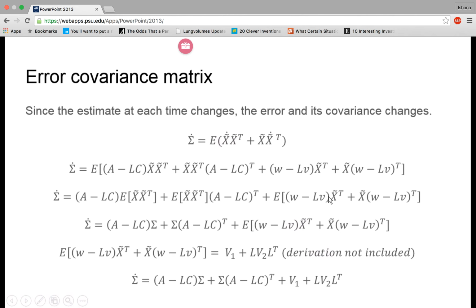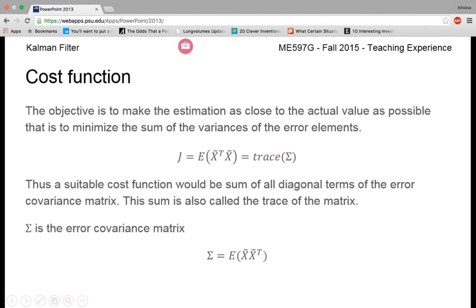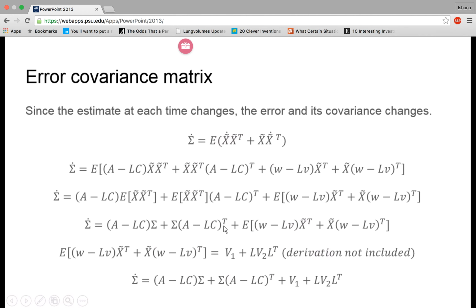Because the transpose of x tilde transpose is x tilde, which is right here, multiplied by the transpose of the first term, which is right here. So essentially these two matrices are transposes of each other. Solving it further, we see that the expectation of x tilde into x tilde transpose is essentially just the covariance matrix as we've defined, and we simply substitute it in here.